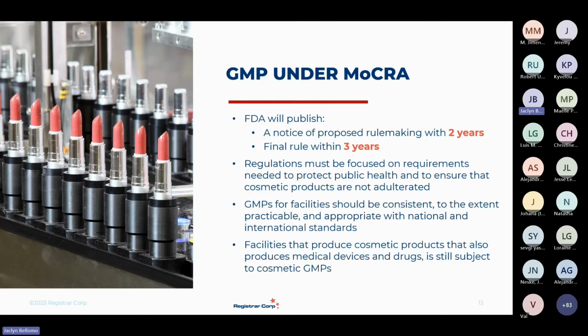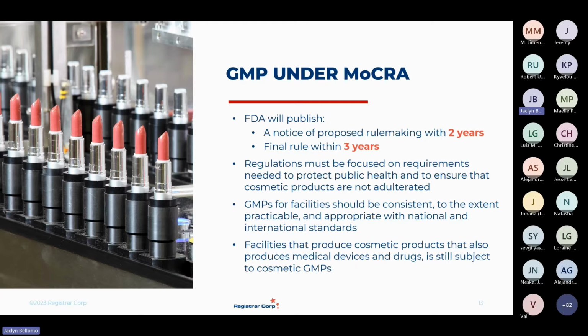MoCRA's regulations are specific in that they focus on GMPs that must be requirements needed to protect the public health and to ensure that cosmetic products are not adulterated. So very important about the definition of adulterated product before. GMPs for facilities should also be consistent to the extent practicable and appropriate with national and international standards.